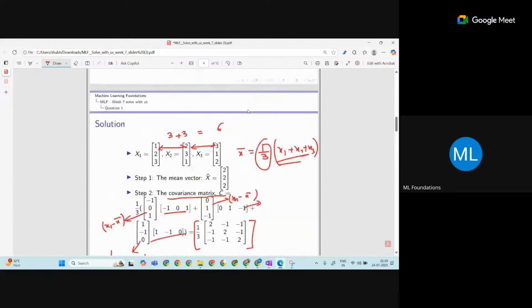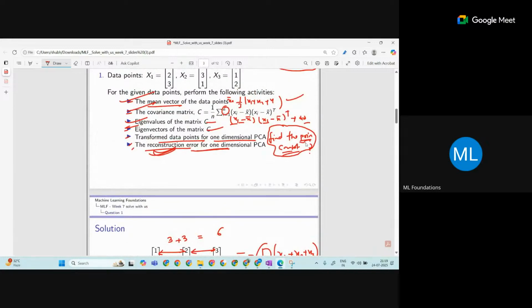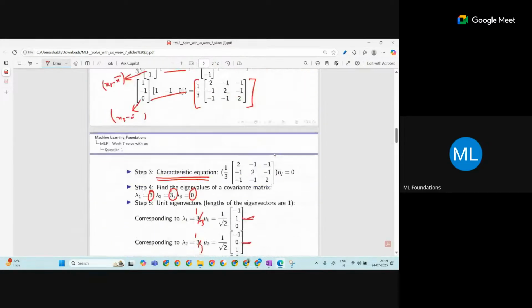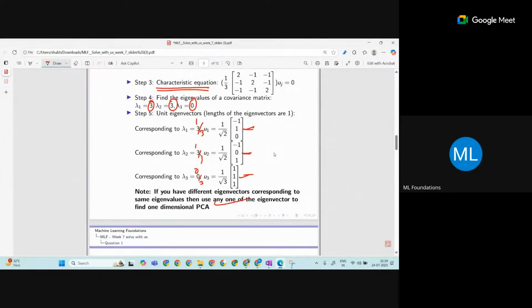I want the principal component direction, the one-dimensional PCA. That is called one-dimensional PCA generally. This eigenvector is your one-dimensional PCA. For both it is 1, so you can choose any of them. It doesn't matter. Either you can choose this or this.